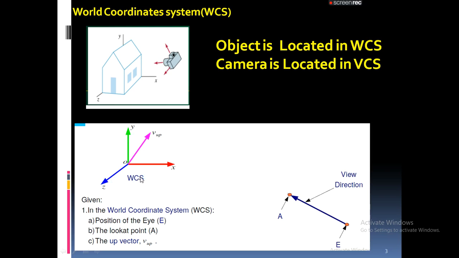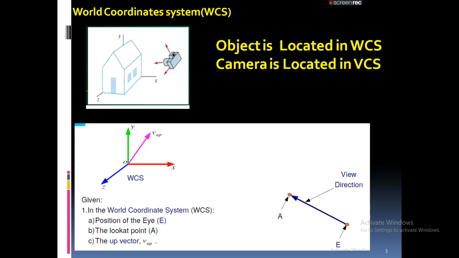So assume that we are defining our object in a world coordinate system. When you define this object in the world coordinate system, to capture this image I need to define the camera position also. Defining the camera position is nothing but defining the viewing coordinate system. As you can see, I drew one diagram on the right side. A represents the object we are looking towards.